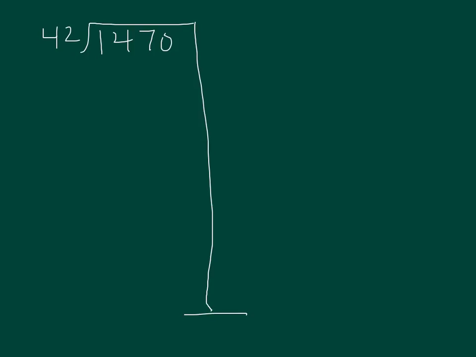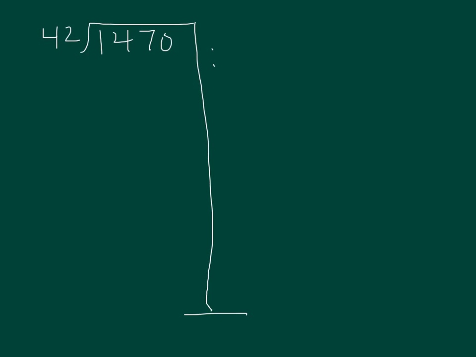I'm going to say 100 times 42. So it would be 4, 2, 0, 0. Way too big. Okay, so we know that one won't work.